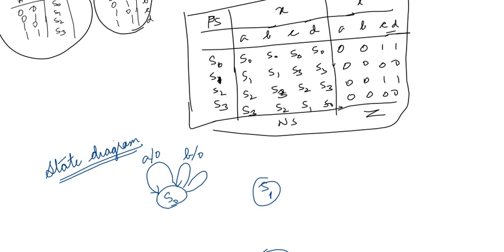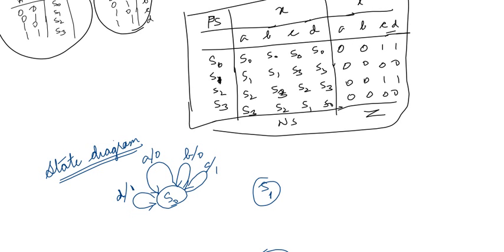When the input is C, what is the output? 1. Because of want of space, I am writing here. When the input is D, I go from S0 to S0, the same state. What is the output? Output is 1.